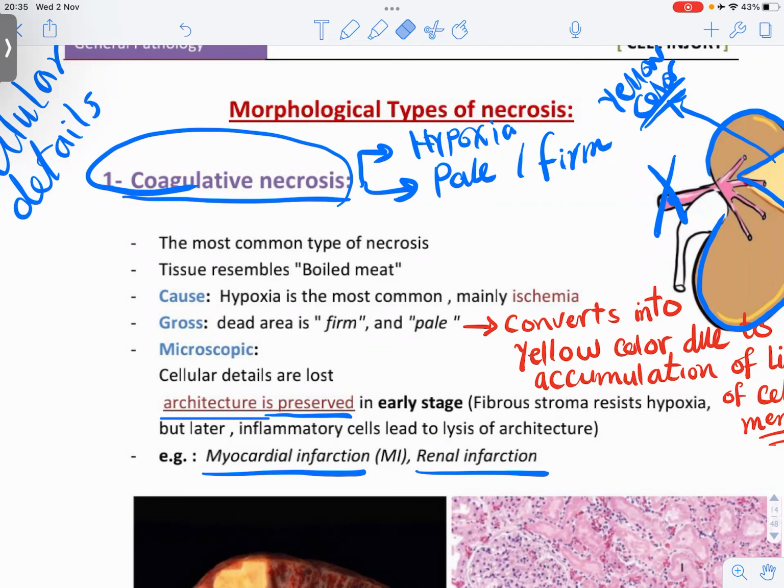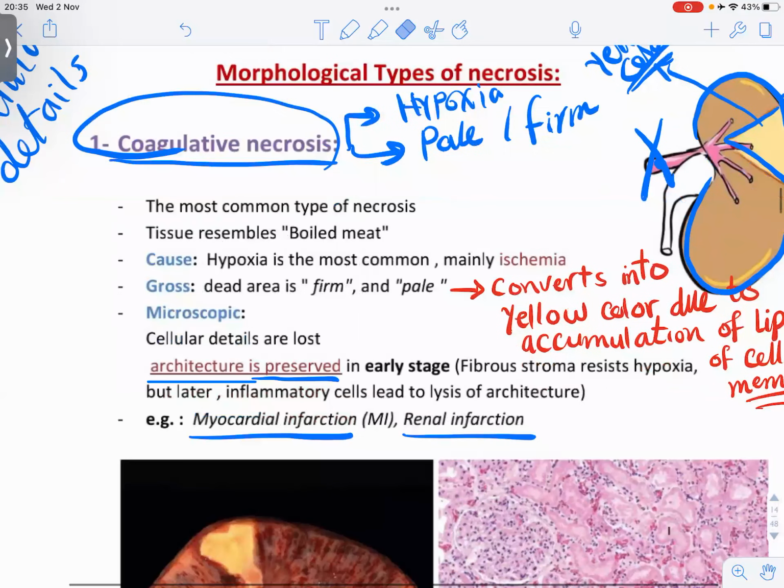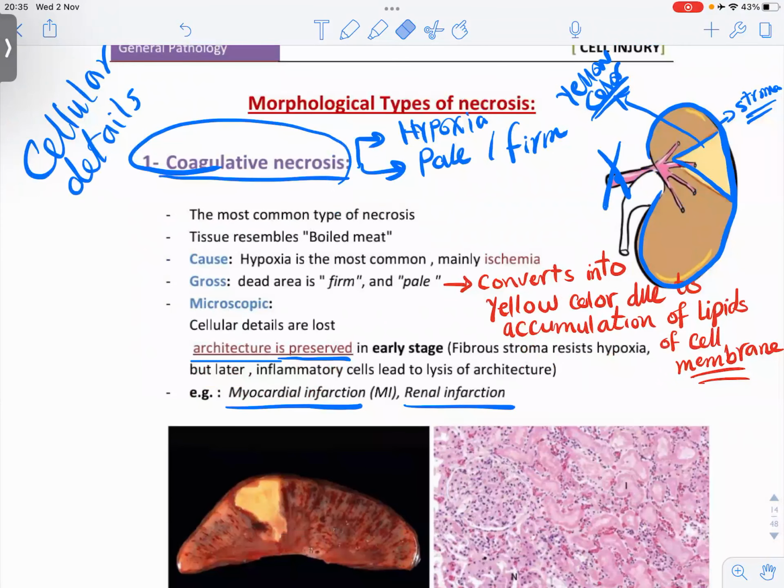Example, myocardial infarction and renal infarction. And also we say that in early stage, the cellular details will be destroyed, but the stroma, the outer outlines, will be the same, but in late stage, the outer outlines will also be destroyed because stroma can resist hypoxia for some time.